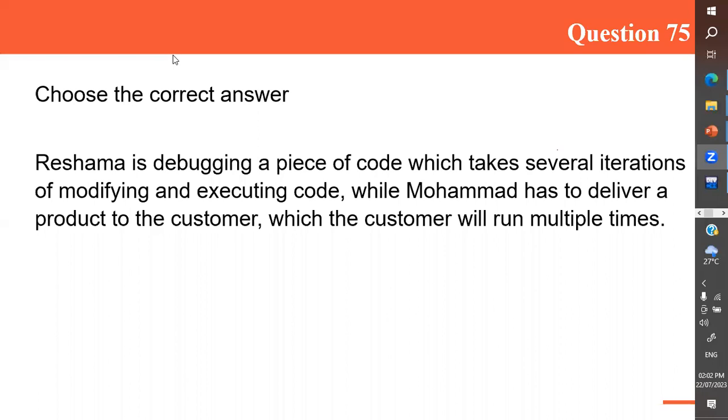If it's done reading, I'll show the next slide. Reshma is debugging a piece of code. It takes several iterations of modifying and executing code. Mohammed has to deliver a product to the customer. This customer will run it multiple times. I hope it's clear till here.